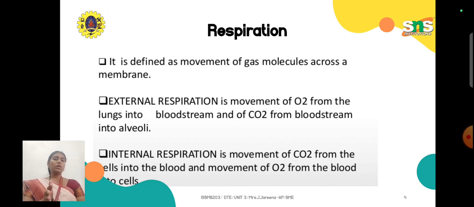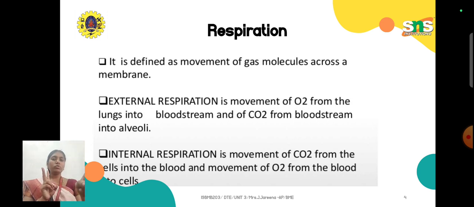So in the breathing mechanism you have two stages: one is ventilation, another one is gas exchange. In ventilation we just have the inhalation process and the exhalation process. But gas exchange is what is called respiration. In this gas exchange process, respiration, you again have two types, based on where to where the O2 molecules are getting exchanged.